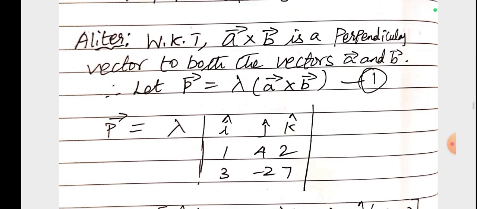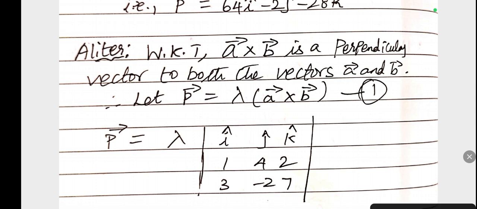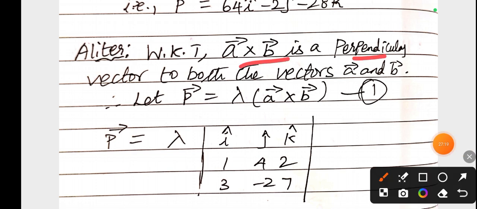We know that the cross product A cross B is a vector perpendicular to both A and B. That is the basic concept. If this is perpendicular, then P vector equals lambda into A vector cross B vector, which we can write.